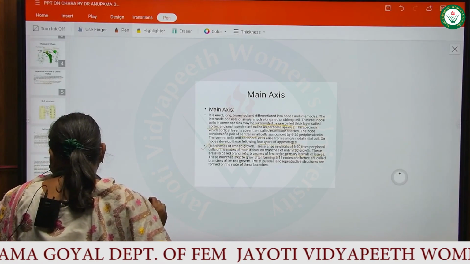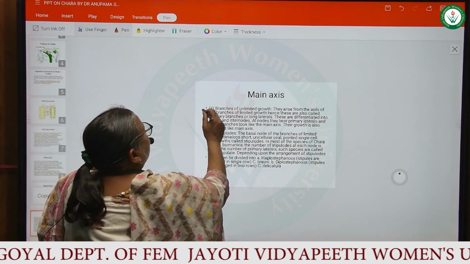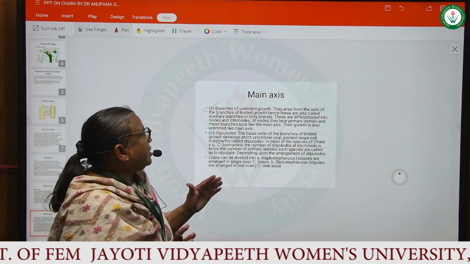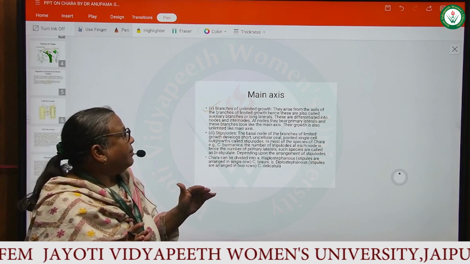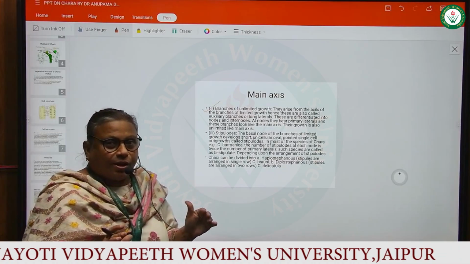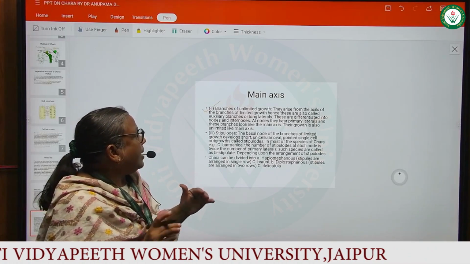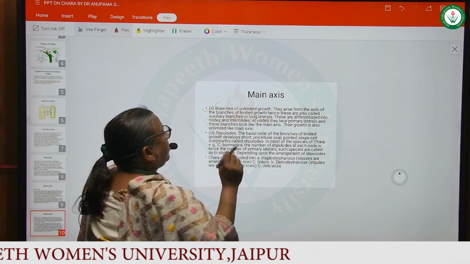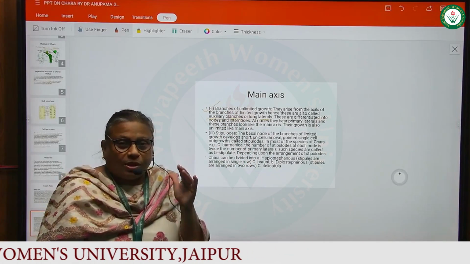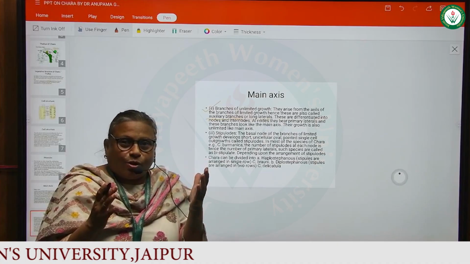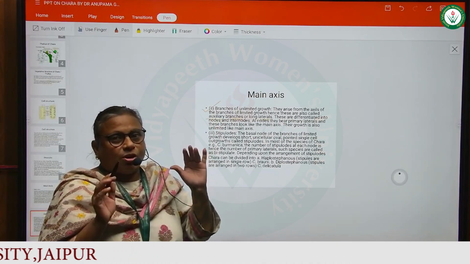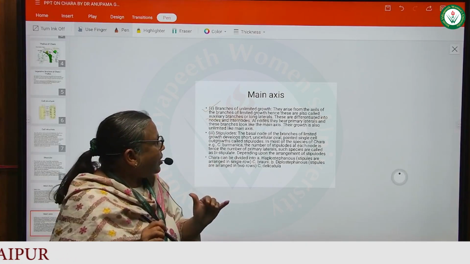Now I will talk about the branches of unlimited growth. They arise from the axils of the branches of limited growth, so they are called axillary branches or long laterals.